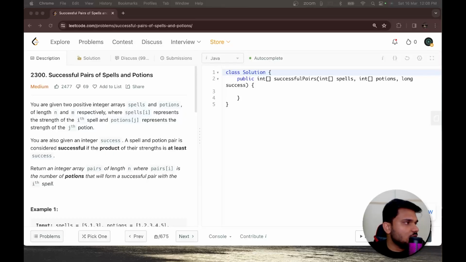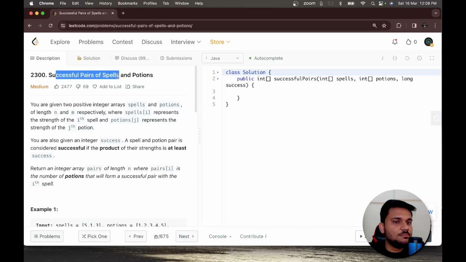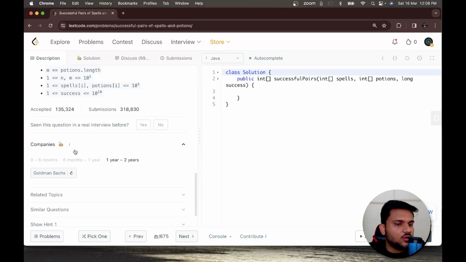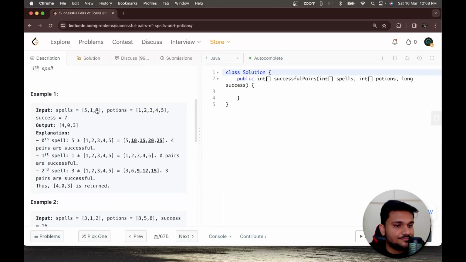So this is a new question coming from LeetCode, problem number 2300, Successful Pairs of Spells and Potions. A relatively newer question on LeetCode, rated 2400 plus, and previously asked in Goldman Sachs.